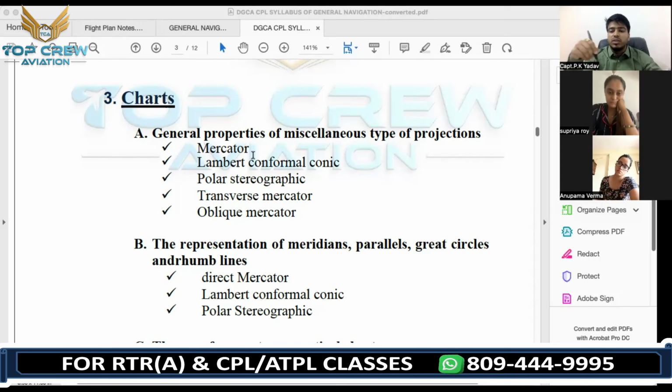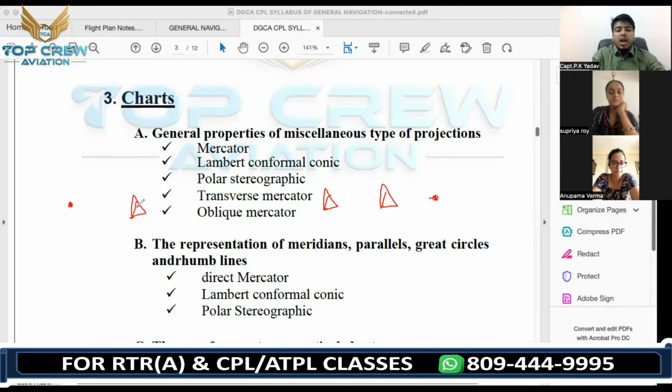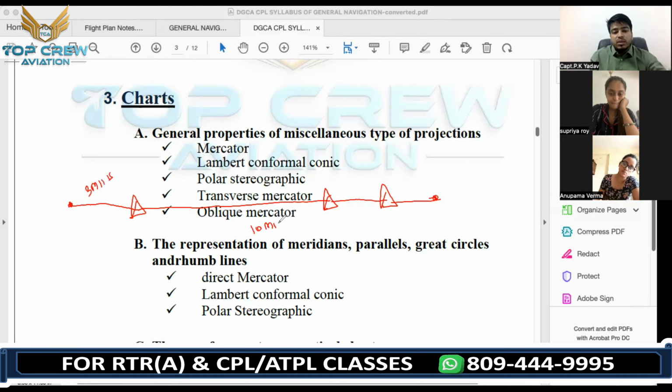See, if you are flying from point A to point B, and in between you have 1, 2, 3 checkpoints, all right, we are aware there are 3 checkpoints, but we should know when these 3 checkpoints are going to be on your route. Then only can we see whether we are going right or wrong. So let's say this is your 3 minutes, this is your 10 minutes, and this is your 2 minutes.